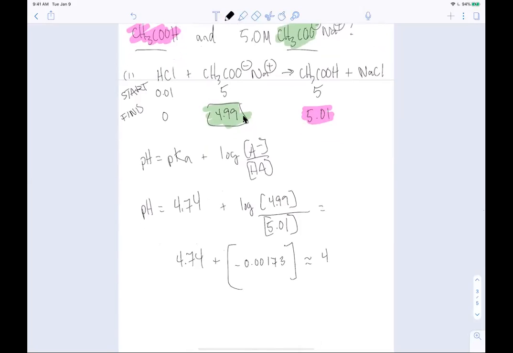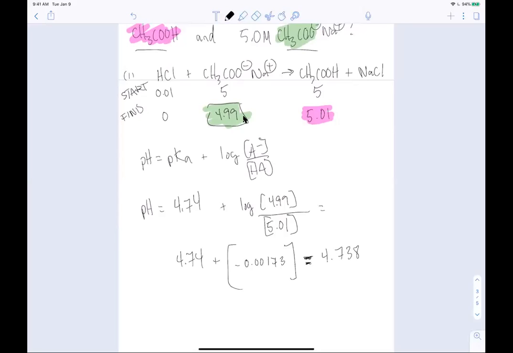And so the pH change that we see is 4.738. So we'll keep it.